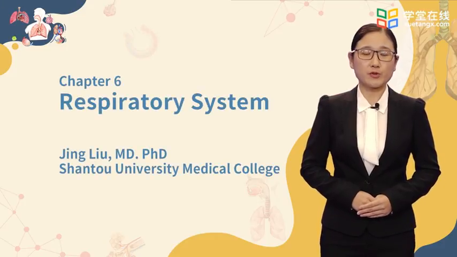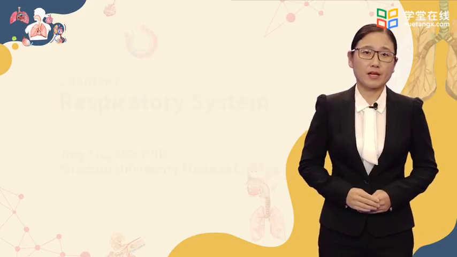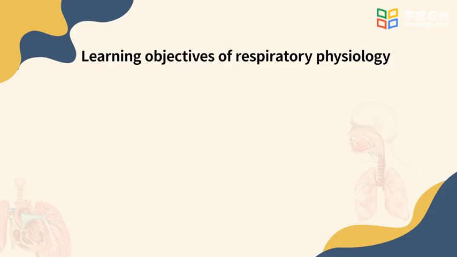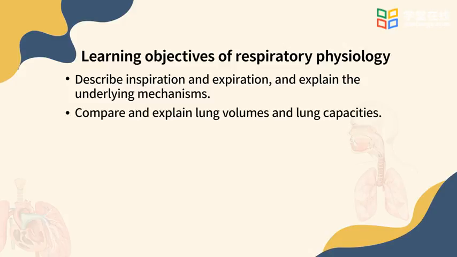In this lecture series, we will talk about respiratory physiology. After finishing this chapter, you are expected to be able to first describe the sequence of events of inspiration and expiration, and explain the underlying mechanisms. Second, compare and explain the lung volumes and lung capacities.